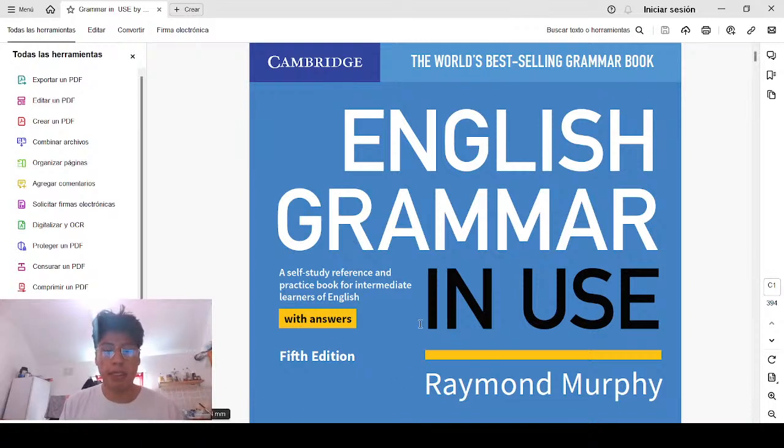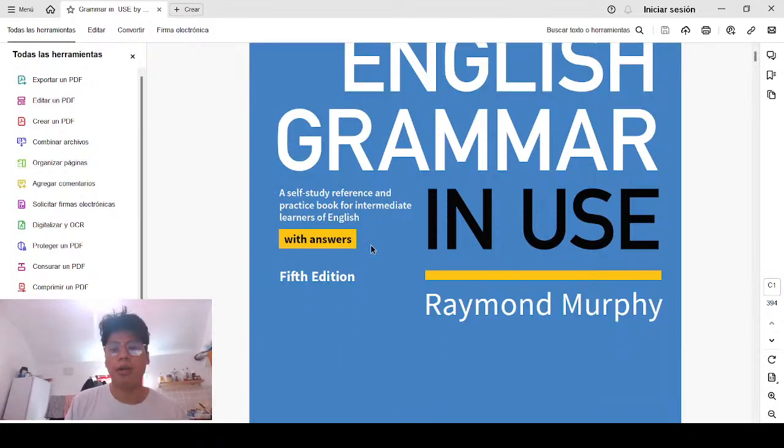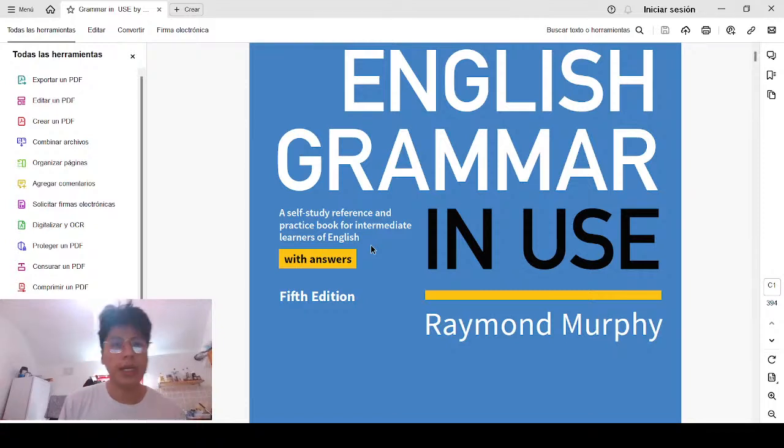In this book, you can cover many topics about the language, like slang, tenses, modals, and many things. The most interesting thing about this book is that it's a current book, like the latest version we can say. It has interesting vocabulary and interesting expressions. I was checking another English grammar book by another author, in another version, a little more advanced.